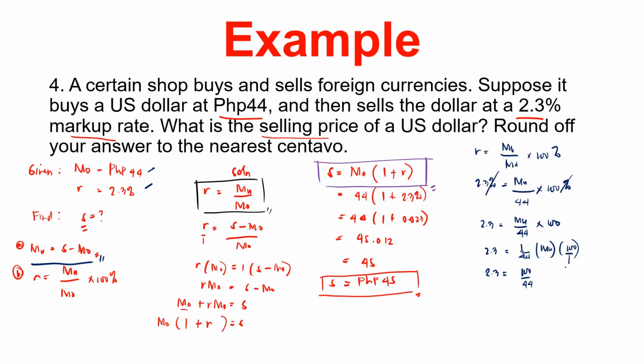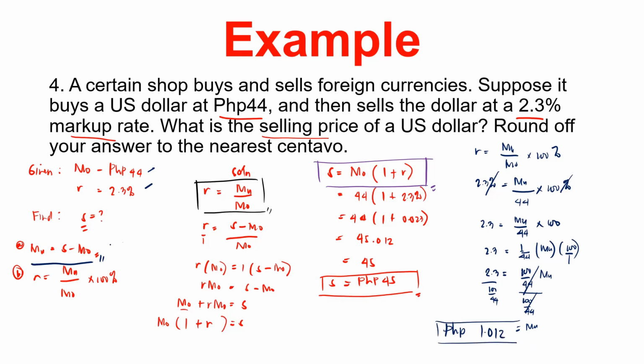Diba this is over 1? Okay, so 1 times 100 is 100. 44 times 1 is 44. Then si markup. Para matanggal si 100 over 44 sa tabi ni markup, divide both sides by 100 over 44. So, ito mag-equal siya sa 1 or simply markup. Tas input sa calculator. Okay, let's input. We have 2.3 divided by 100 over 44. You will have the markup of 1.012. So, ito yung markup.